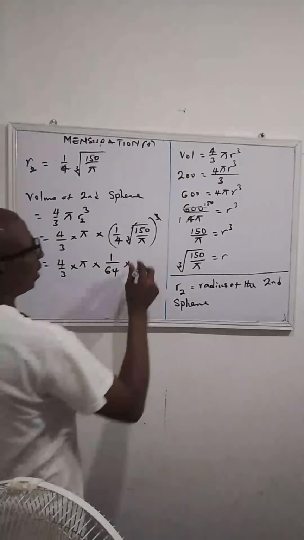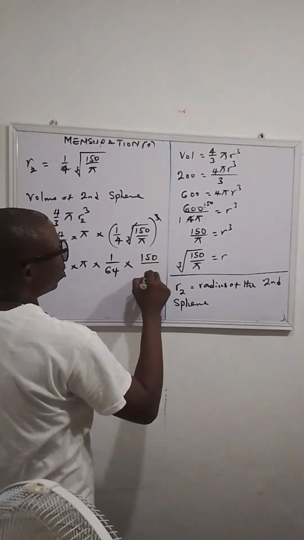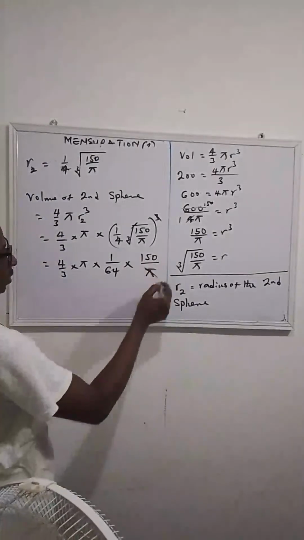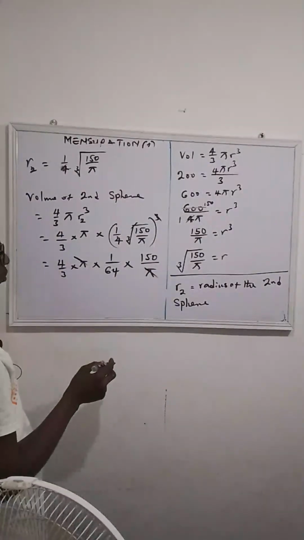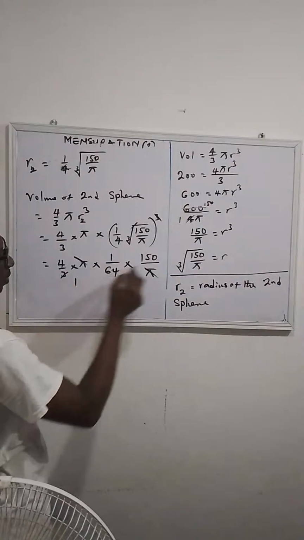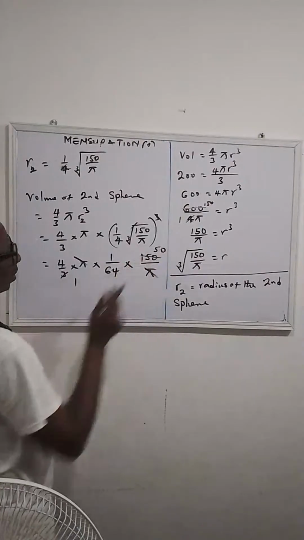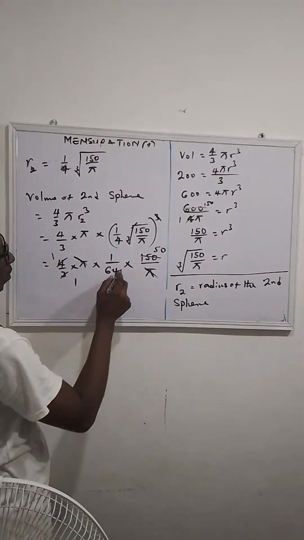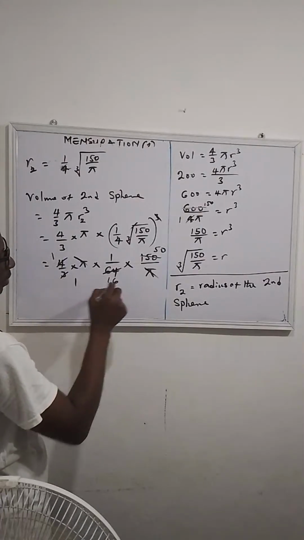So now you have 150/pi. Now can we simplify? You can see this one will cancel this here. So 3 goes there 1, 3 goes there is 50. Right? So 4 goes here 1, 4 goes here is 16.